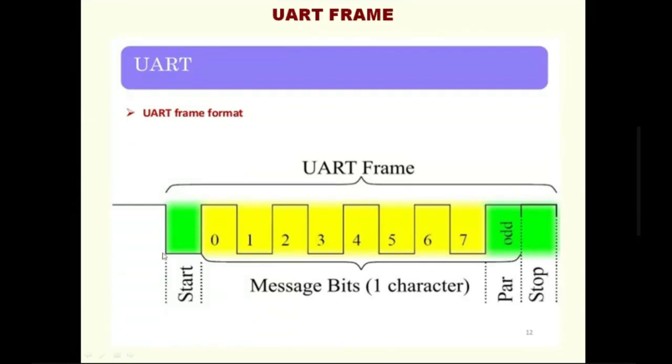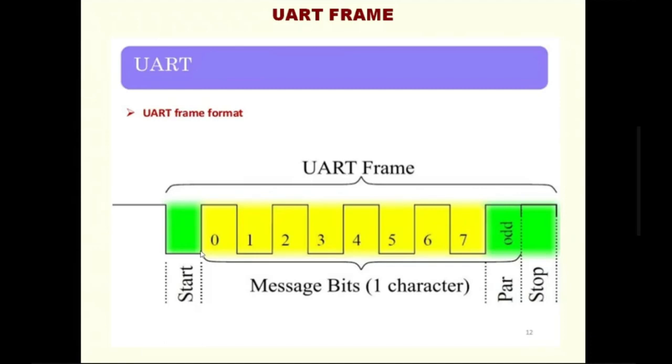The start bit is something like knocking on the door, because we should always close the door, otherwise unwanted entry will happen. To prevent unwanted entry into the processor, it is mandatory to close the door. So what will the start bit do? The start bit will knock on the door of the RxD pin.